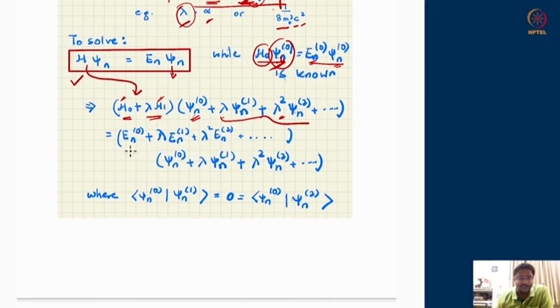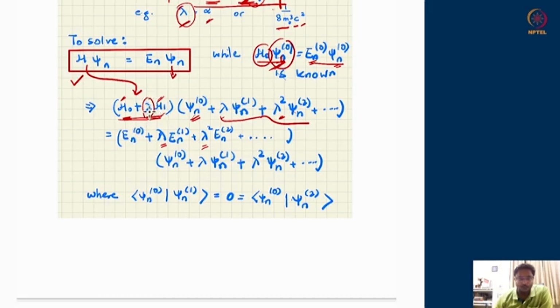Similarly, the energy eigenvalues I used to know for the free theory. In the correct description of the theory, when I have added the extra term, E n naught can no longer be the eigenvalue of the system. So this has to be corrected as well. Therefore, we would add extra terms with a power series expansion in lambda. I have added linear order terms in the H1. This is the coupling parameter.